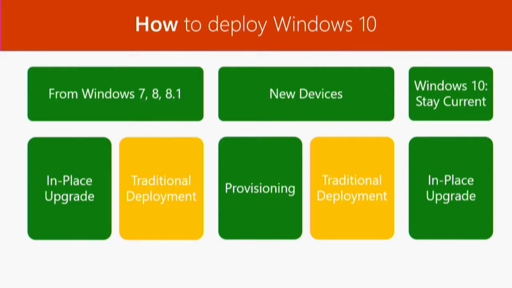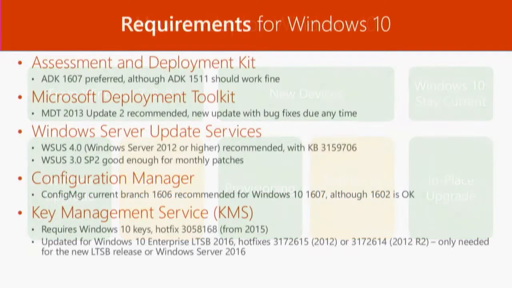So let's then talk about traditional deployment. In order to do this, you need a newer ADK. We would recommend that you use the ADK for Windows 10 1607, primarily because it addresses a variety of issues that have come up with the previous ones. If you want to, you can use the ADK for 1511 as well. That will work fine to deploy Windows 10 1511 and Windows 10 1607.